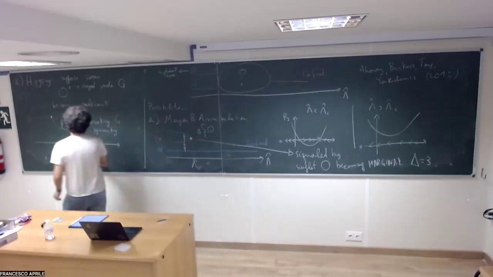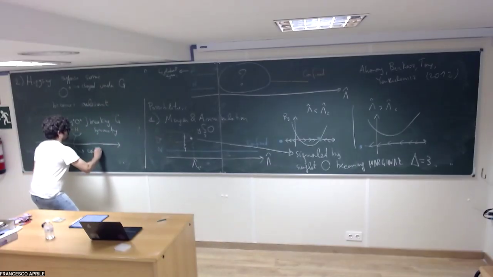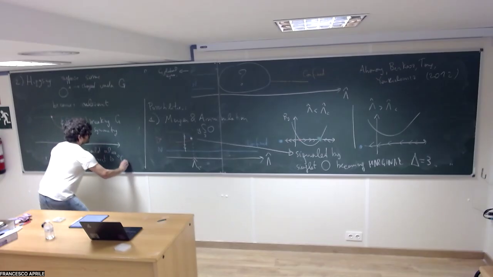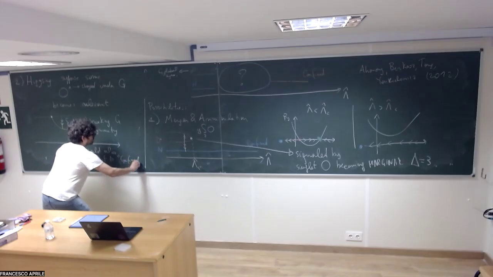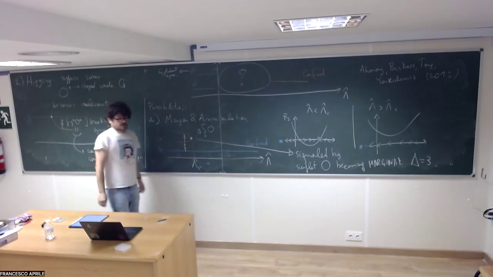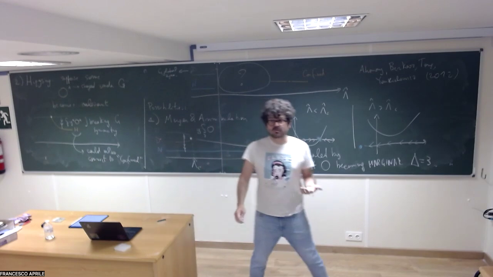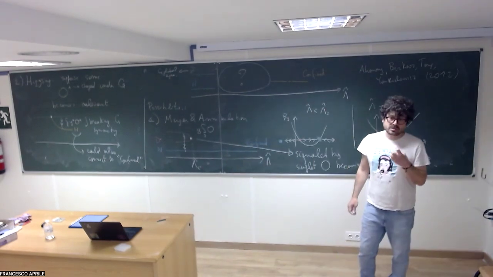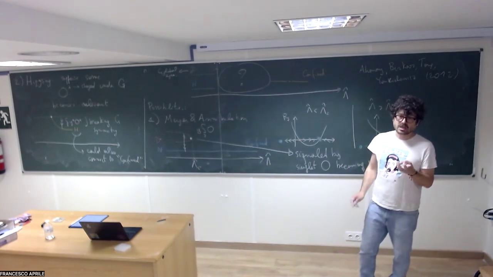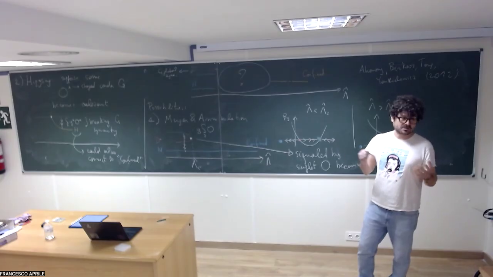So it could also connect to the confined one. In fact, if you look at the definitions of confinement, people sometimes tell you that the notion of color confinement cannot tell apart Higgsing and confinement.